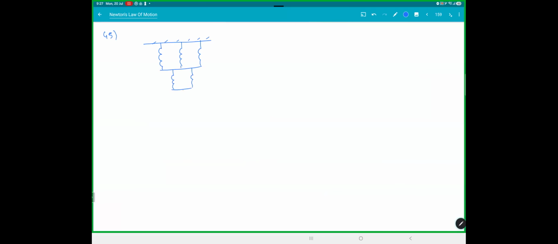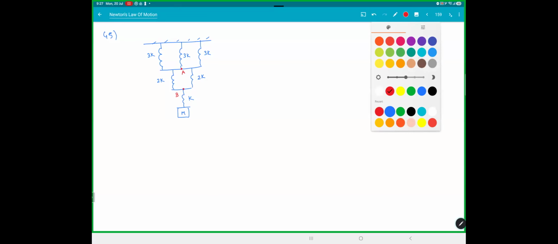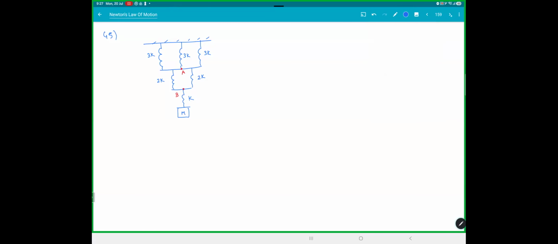So we have a mass M here. Let's say this is 3K, this is 3K, this is 3K, this is 2K, this is 2K, and this is K. Let this point be A and let this point be B. The system is released slowly from natural length to equilibrium.